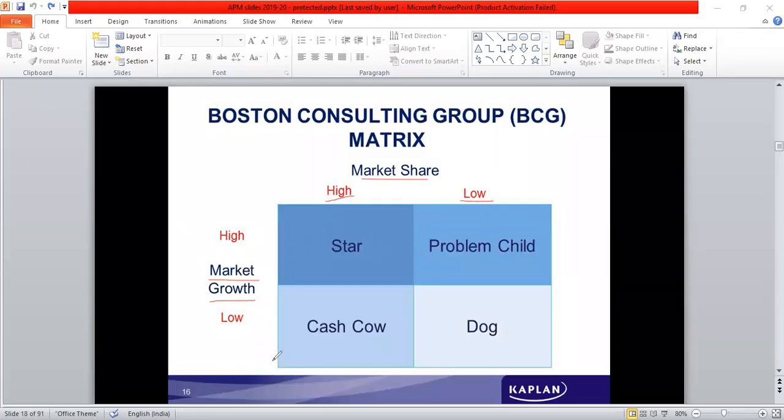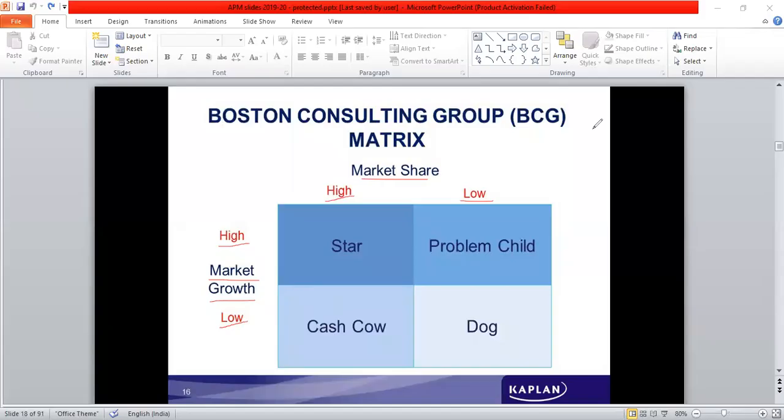The vertical variable is market growth. Market growth indicates the possibility of them to grow in the future. We see whether it is high or low: on the top it is high, and at the bottom it is low.